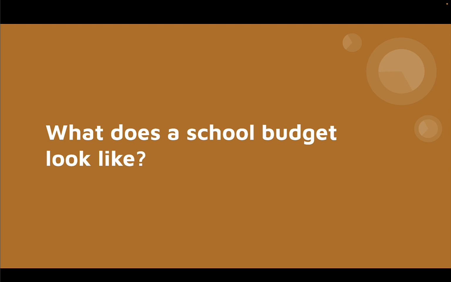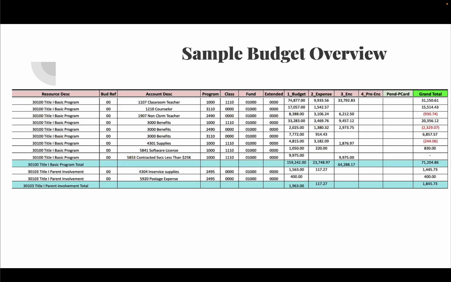Okay, so when we take that school plan and we budget in dollars needed to support the strategies, we actually end up with a budget document that I'm going to share here. So this is what a school would commonly look at in terms of the actual budget.